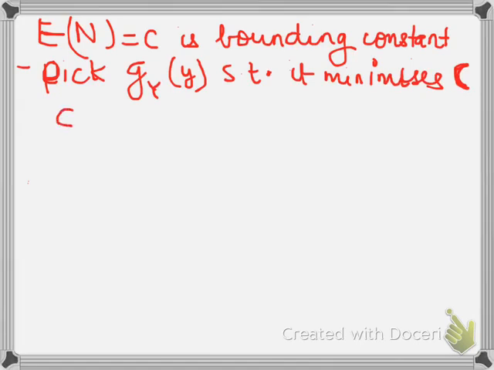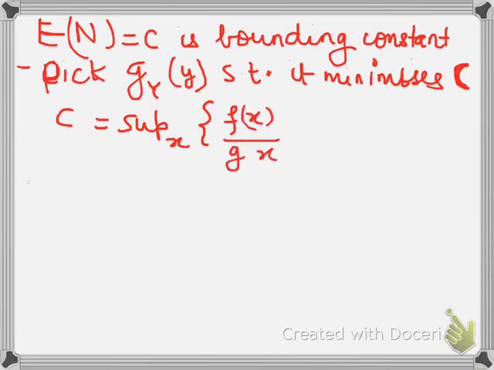So basically c is the supremum over x of this ratio f_X over g_X. Remember, f is the density for X and g is the density for Y. So that's how you pick the c.